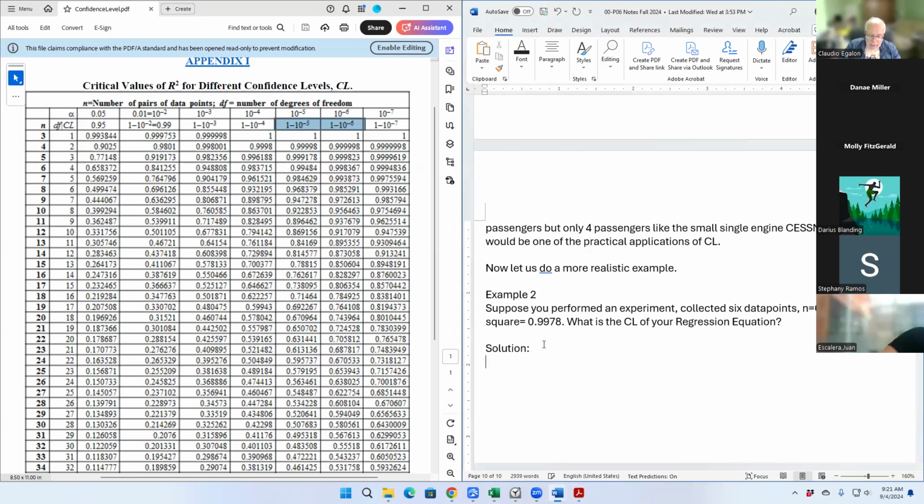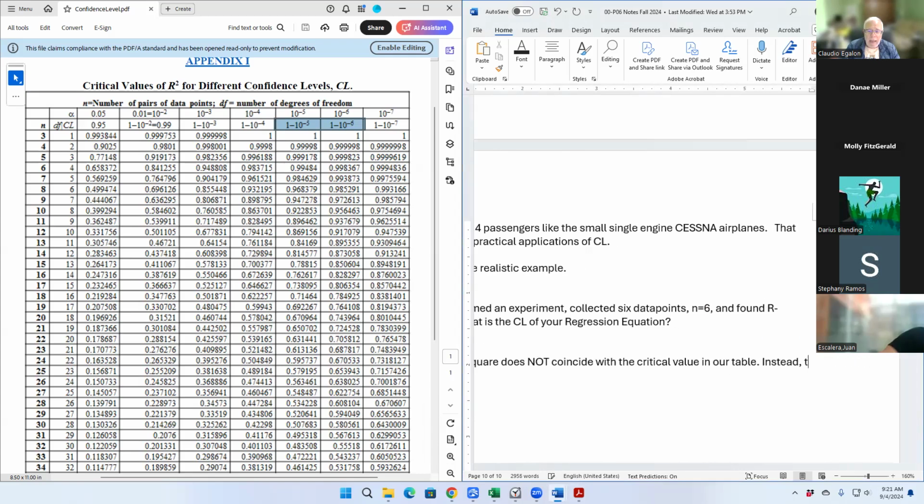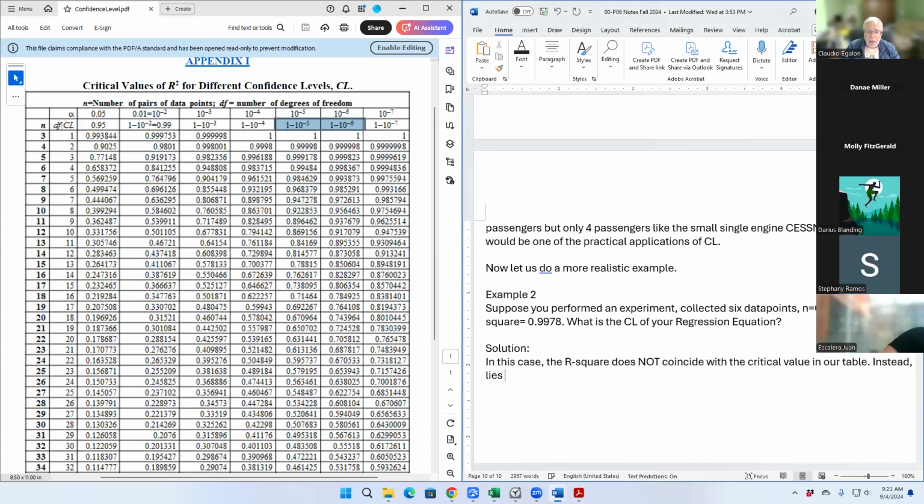Solution. In this case, the R square does not coincide with the critical value in our table. Instead, it lies anywhere between 2 critical values.